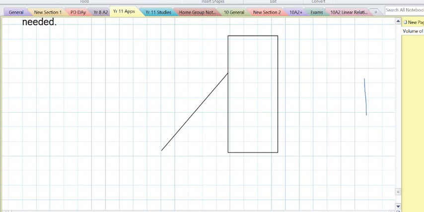Cos 60 is equal to adjacent over hypotenuse, y over 6. Same trick, we multiply both sides by 6, so 6 cos 60 equals y. Therefore y equals exactly? Yep, 3.00 meters.